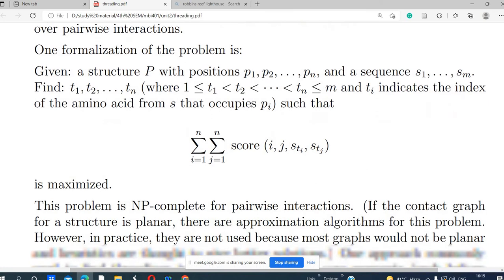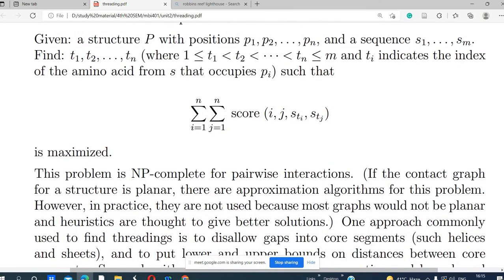So the formalization of the problem is this: given a protein structure P with positions P1, P2, Pn and a sequence with residues S1, S2, we have to find T1, T2, Tn, where 1 is less than or equal to T1 is less than or equal to T2, indicating the index of the amino acid from S that occupies Pi.